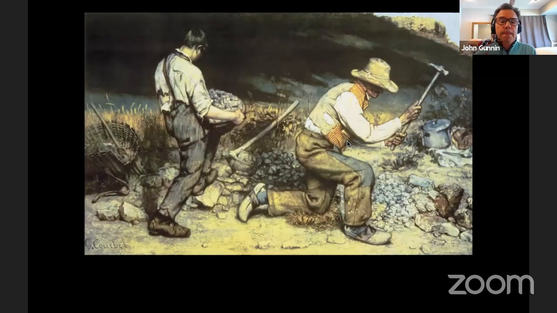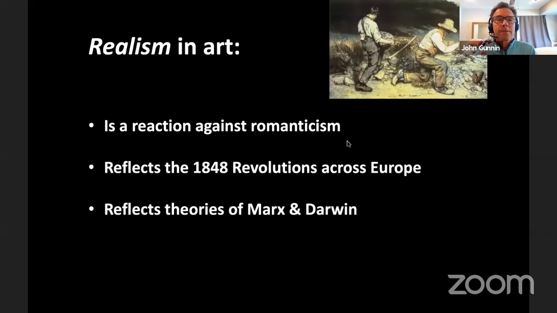Now, hopefully you can identify this work, a very wonderful and important work. Just as Romanticism was a reaction against Enlightenment, now we have a new style that is a reaction against Romanticism, okay? And that style is called Realism.